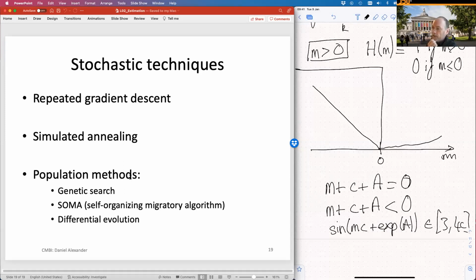Population methods, which include things like genetic searches and migratory algorithms, where you maintain a population of candidate solutions that can share information between themselves. They might originally be randomly scattered over the landscape of possible solutions, but they can alert each other to areas that show promise as being the global maximum, and gradually over generations and generations all converge on a global maximum of even quite complex objective functions.